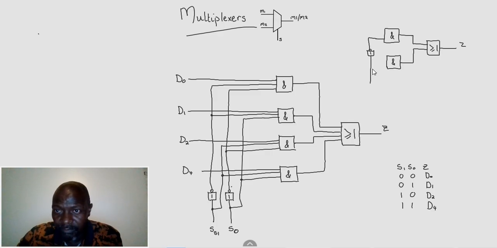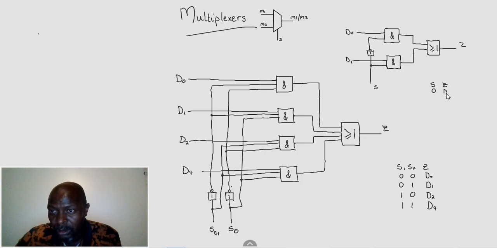So here what you have is, this is what we had, and you said you could choose D0 or the other one, D1. What I didn't do was show that with S on 0 you allow D0, your output will be D0, the truth table, and with the S on 1 you allow D1.